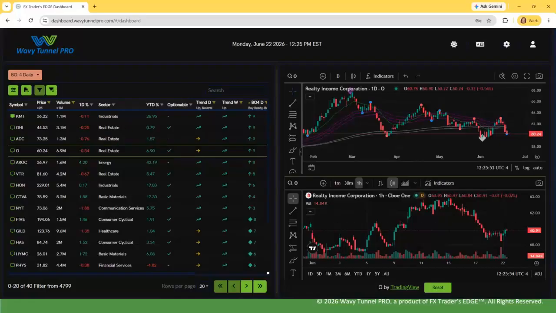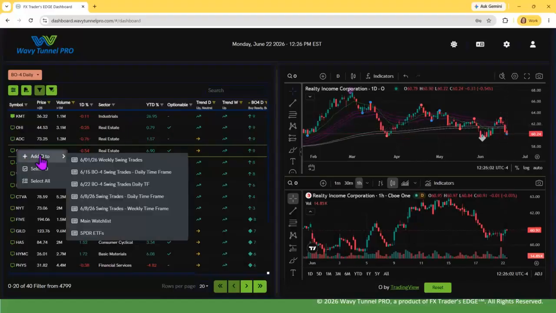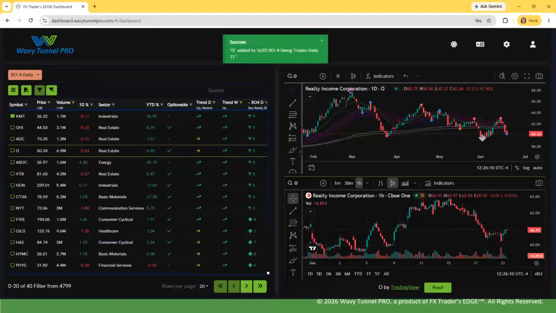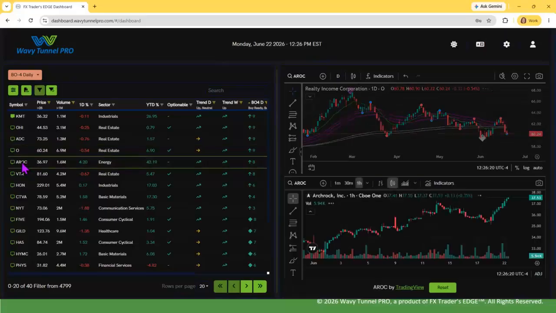I could still put this on the watch list. The wave is sideways, more sideways to the tunnel. So I'm going to add this to the watch list. The other difference between ADC and O is that O is optionable and ADC isn't. Let's look at the next one.